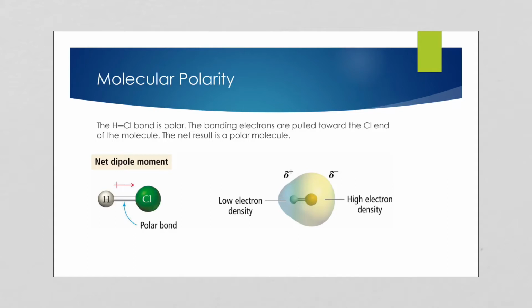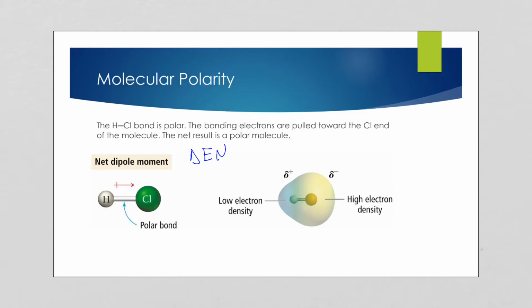Let's start with a simple diatomic here. In a simple 2-atom molecule, we look at the bond, and we check if that bond is polar. Remember, we're going to use what we call the difference in electronegativity here. And we're going to assess the difference in electronegativity, and if it's above 0.4, this bond is polar.